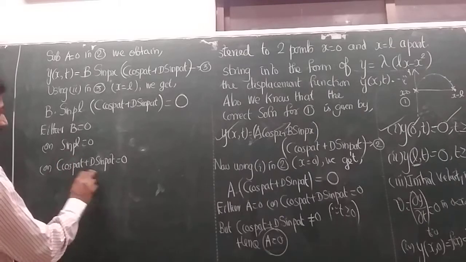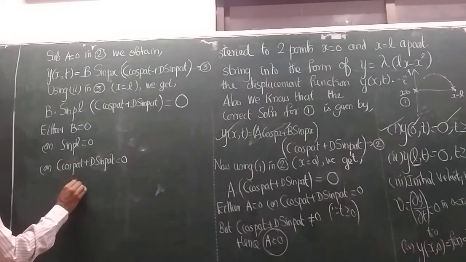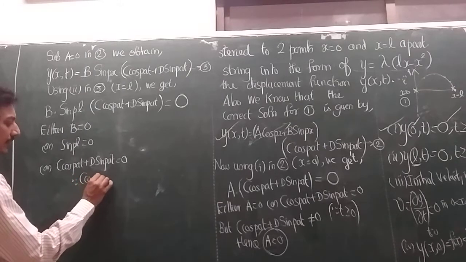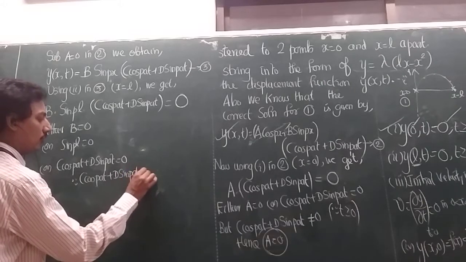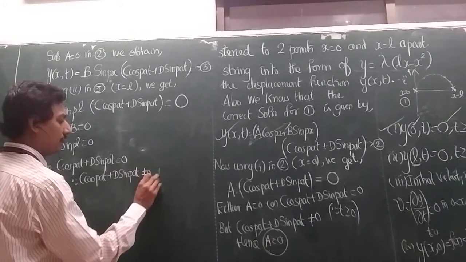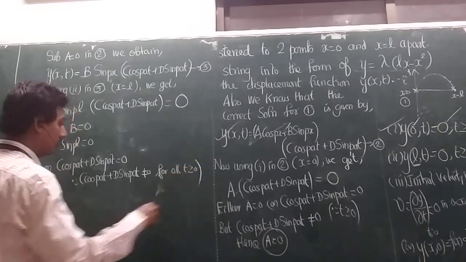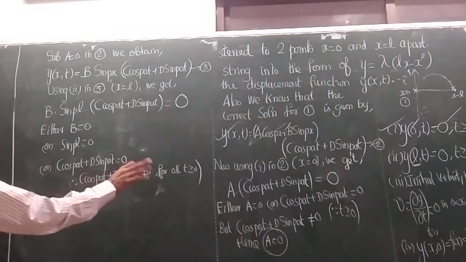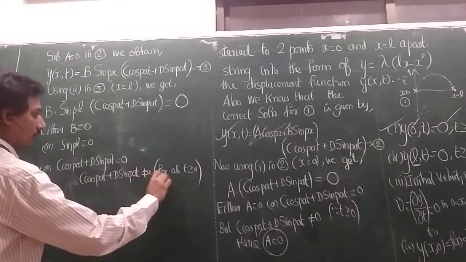The last one we have already explained: c cos pat plus d sin pat is not equal to 0, because even at the minimum value t is 0, so this is not equal to 0, right? So this is not equal to 0 for all t greater than 0.